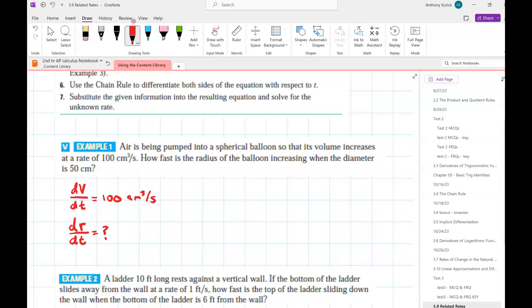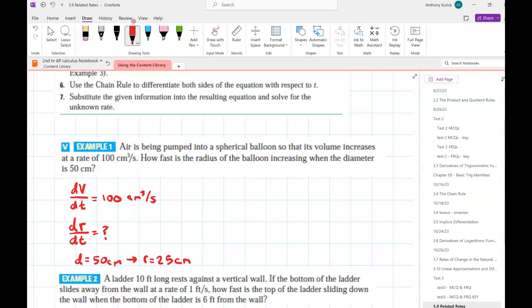And then the diameter is 50. So we might say d is equal to 50 centimeters, or the radius is 25 centimeters, right?